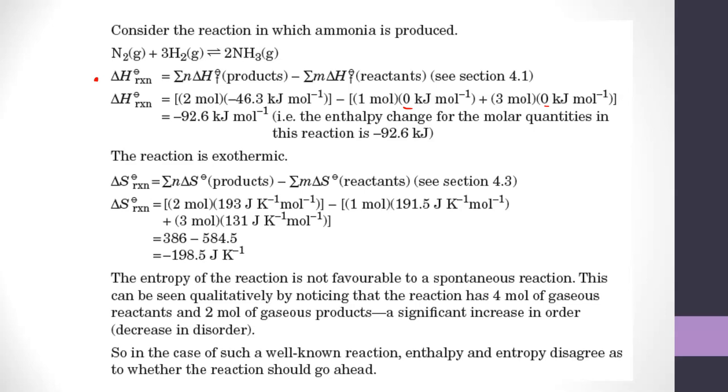So the entropy of this reaction is not favorable to it being spontaneous, which can be seen qualitatively by noticing that the reaction has 4 moles of gaseous reactants going to 2 moles of gaseous products. It would be a significant increase in order and a decrease in disorder.